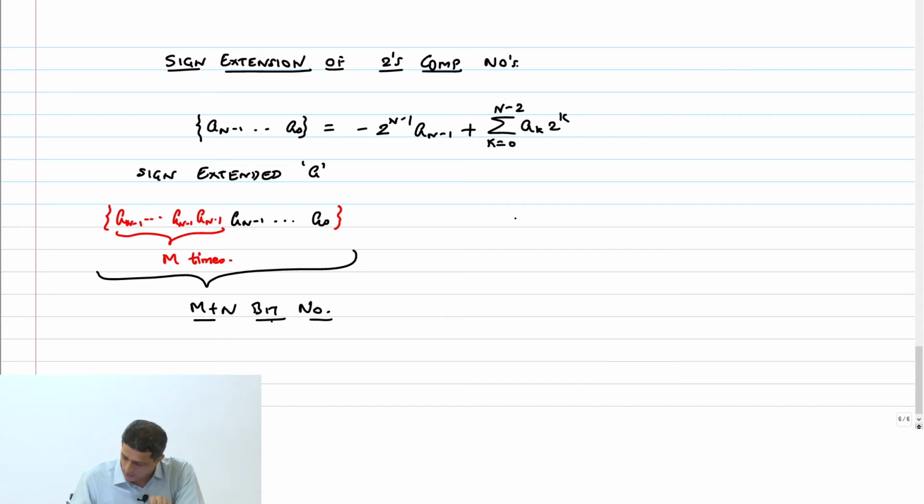Now I'm going to show that this m plus n bit number is exactly equal to this in value. If this is an m plus n bit 2's complement number, what is the value?